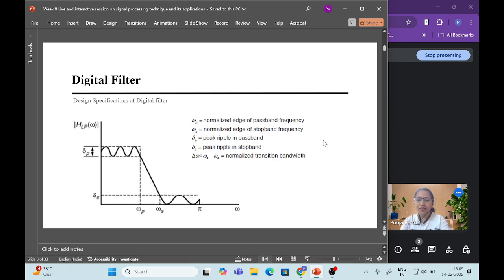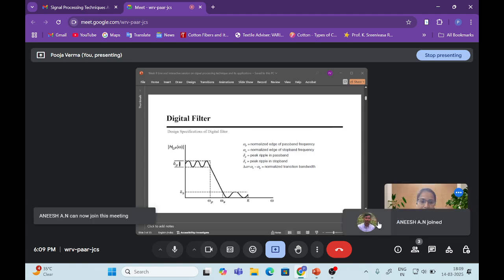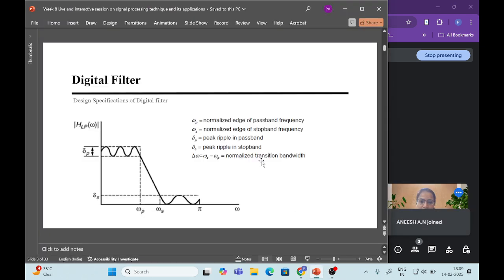So this is the frequency response of a digital filter, where omega s is the normalized stop band frequency and omega p is the pass band frequency.